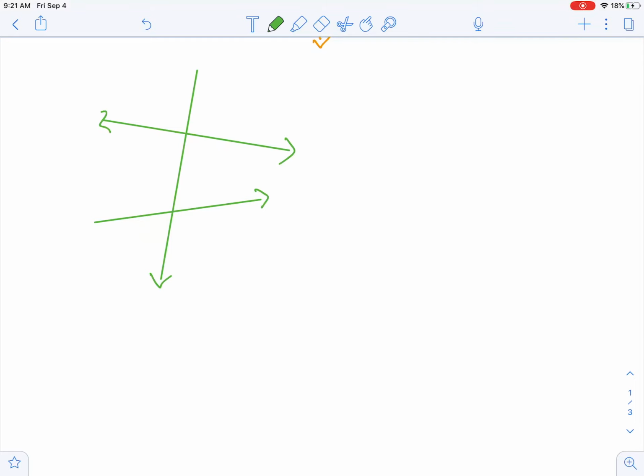Now, what in the world is a transversal? Okay, let's name our lines first. M, N, and L. Okay, so what's a transversal? A transversal is a line that intersects two or more coplanar lines.